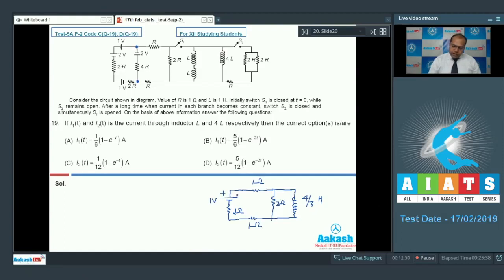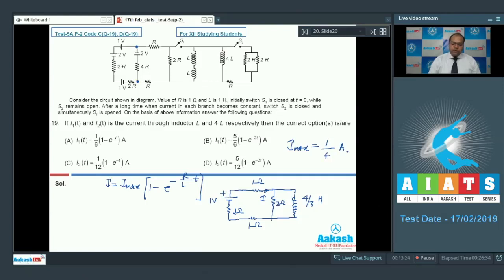So at this instant, the current I through the battery can be written at any time t as I max into 1 minus e raised to the power minus R by L into t. The maximum current is possible when the inductor coil is in a steady state. At that moment, this inductor coil will behave like a conducting wire, and the current through this 2 ohm branch will be 0. So the value of I max comes out to be potential 1 divided by total resistance in the path, which is 4 ohm.